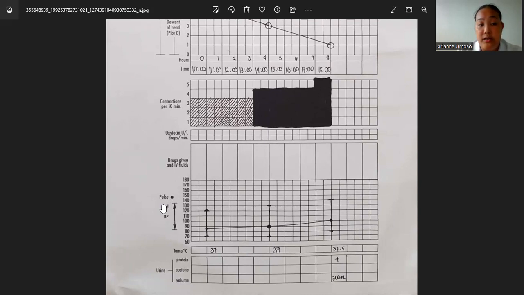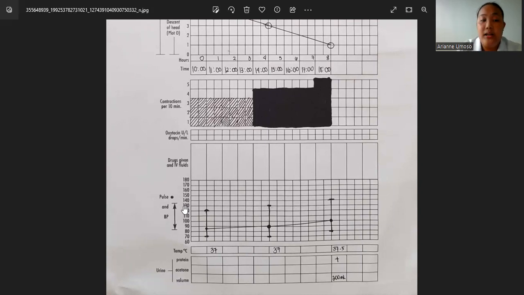Upon admission, it is 120/70, after 4 hours it is 130/70, and after 4 hours again, it is 140/80. The temperature upon admission is 37, after 4 hours it is still 37, and after 4 hours again it is 37.5.